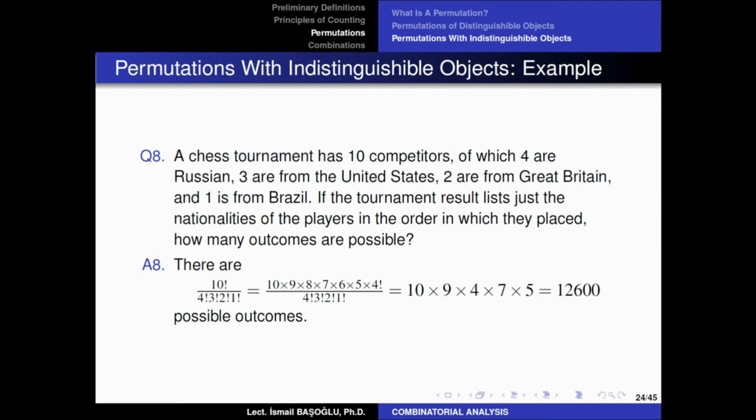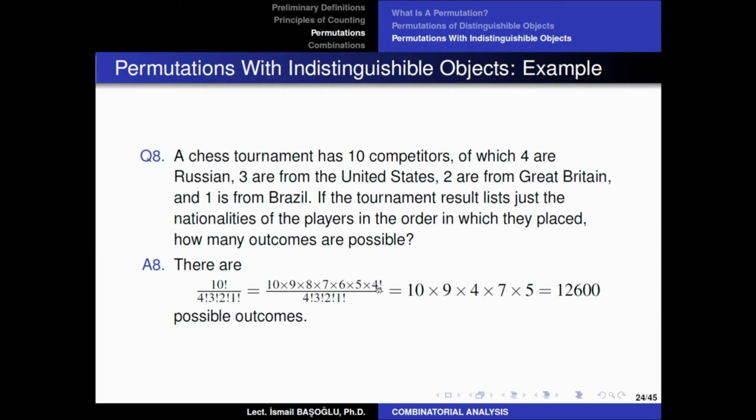So there are 12,600 possible rankings we could have seen if the competitors are ranked with respect to their nationalities. Now, how did we calculate this? 10 factorial is expanded as 10 times 9 times 8 times 7 times 6 times 5, and we have 4 factorial as the remaining multiplier. Okay, so we do not have a full expansion here.